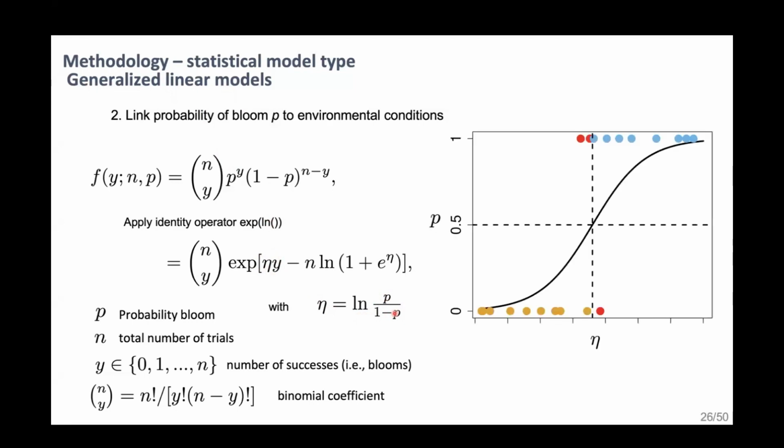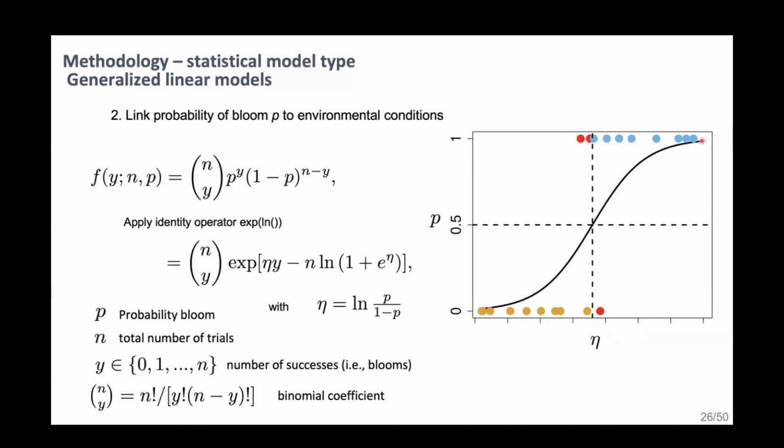And why is this an interesting variable? Because if you plot the relationship between the probability of bloom P on the y-axis and this value eta, you get the so-called logistic function. When eta increases, you increase the probability of a bloom.